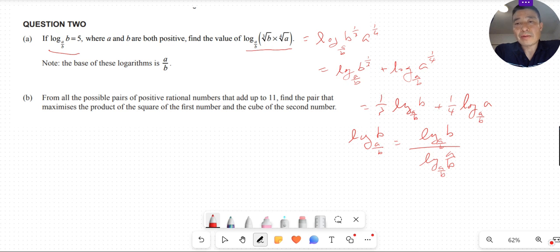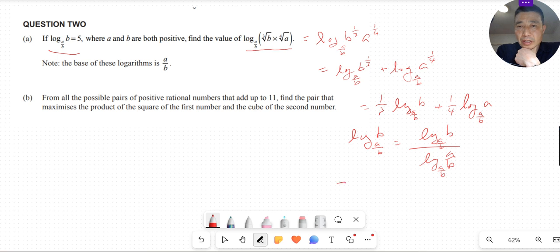That should be 5. But if I write this again, this is divide. So what is it? I can say log b to the base of a over b divided by, because it's divide inside, that's a takeaway. So I'd rather write it here.